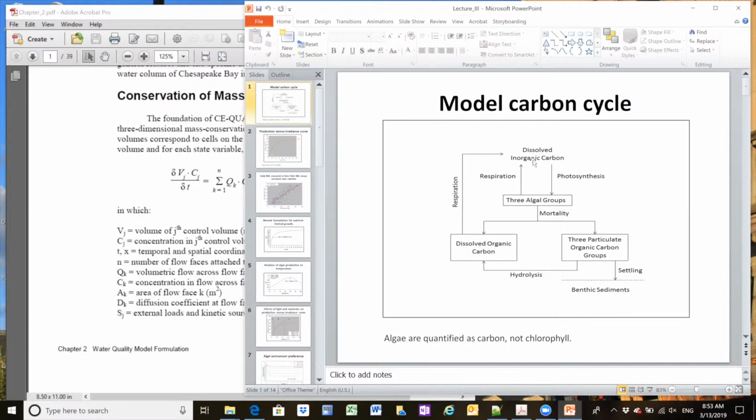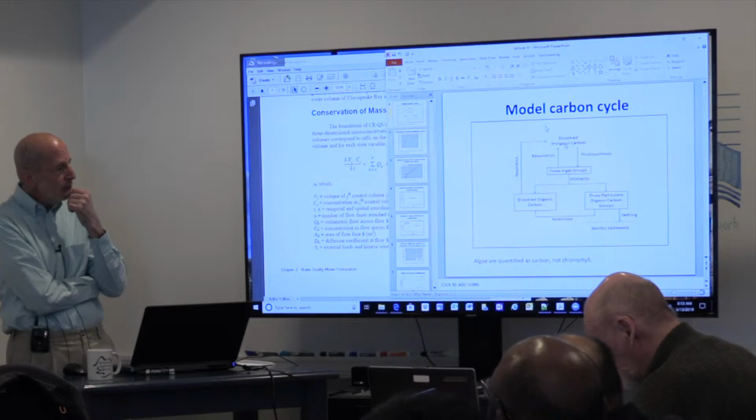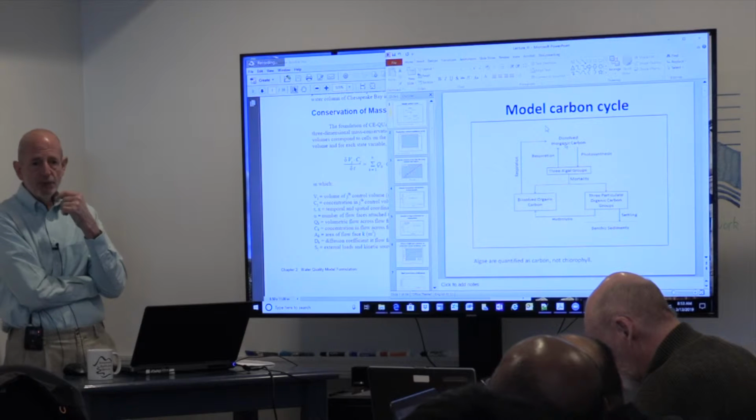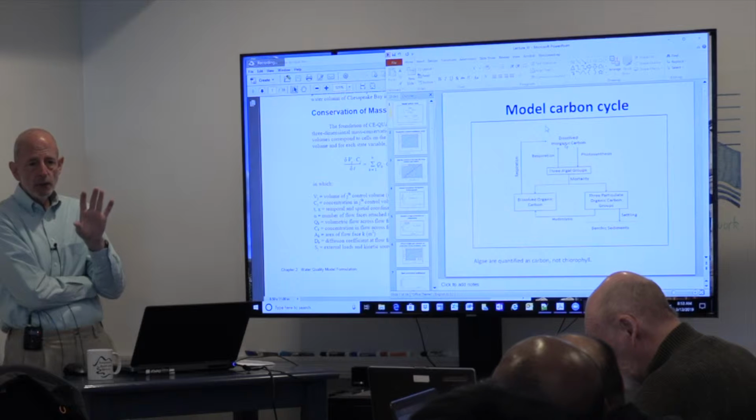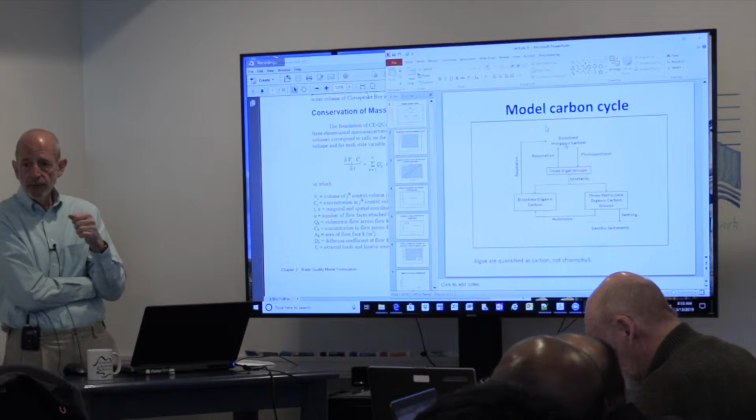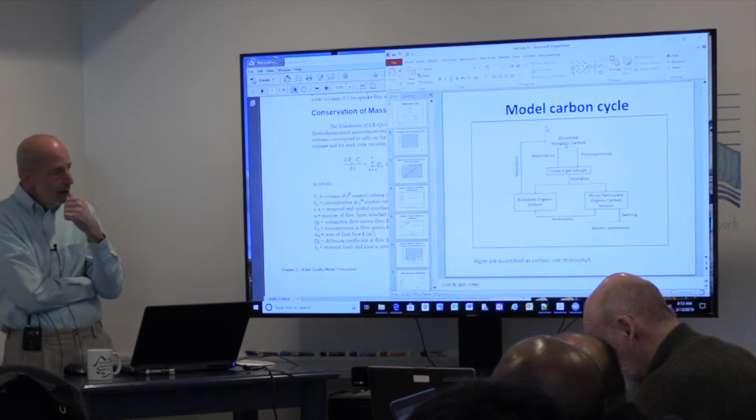When we designed this model, and even now, it's somewhat different in that algae are quantified as carbon in the model. Now, it's interesting because when you take out phytoplankton observations, you measure chlorophyll. But in the model, algae are quantified as carbonaceous biomass, so that's something to keep in mind. There's a couple of reasons for doing that.